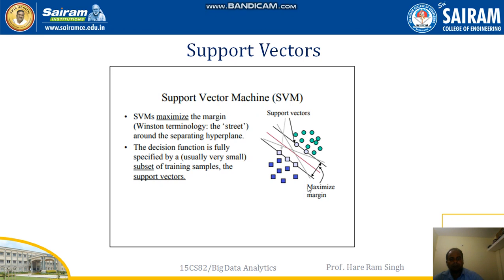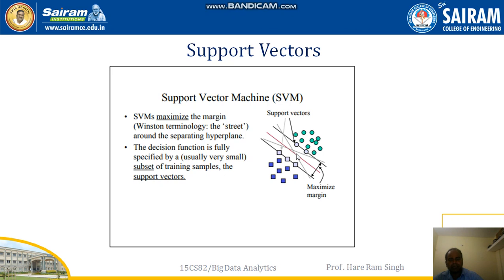Next is support vector machine. By seeing the diagram, you can see that we can draw two lines. One line touches the nearest data. Here we can draw a plane, that is a hyperplane.